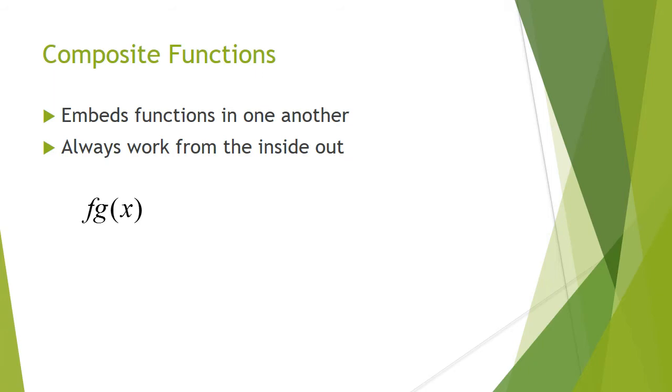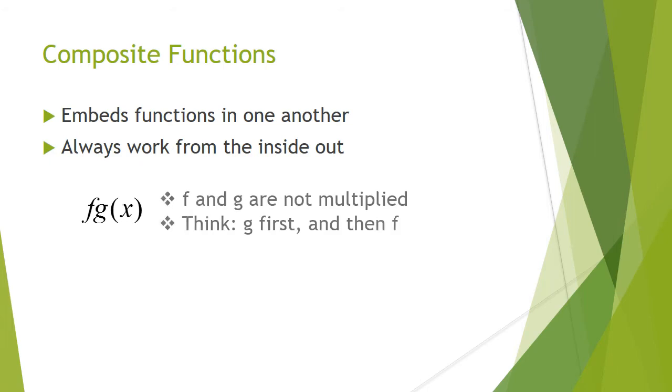This is read as f of g of x. This is one of those notations in math that contradicts a lot of the other things we know. So f and g are not being multiplied. This notation is to say that you're going to embed g of x into f of x. So if you think of dealing with g first and then dealing with f, that'll help.